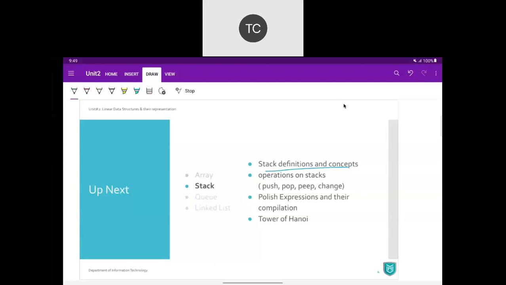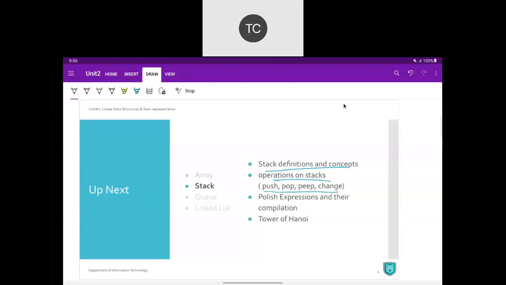At least overview आपने लिया था हर एक data structure का unit 1 में. But now in unit 2 and unit 3 we are going to consider those data structures in depth, and we will discuss operations on those data structures. So the concept of stack, and then we will see the operations on stack. It is nothing but push, pop, peep, change, display, is empty, is full, and so on.